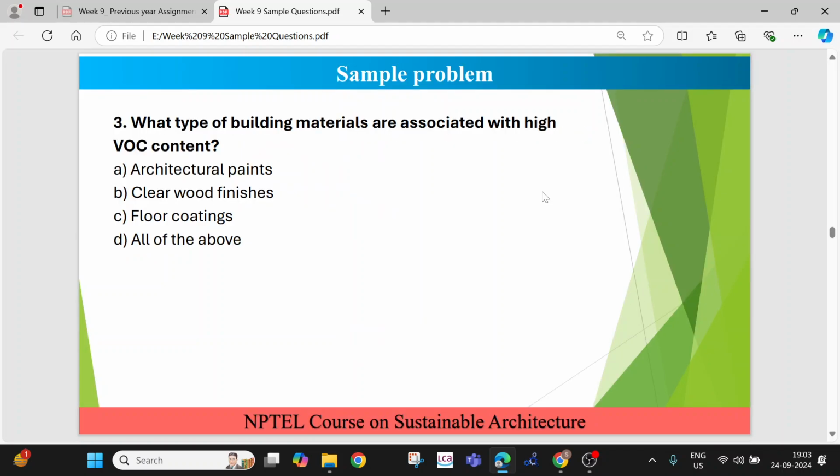Which type of building material is associated with high VOC content? Whether these are architectural paints, or clear wood finishes, or floor coatings, or the last option, all of the above. Which of the materials are associated with high VOC content?